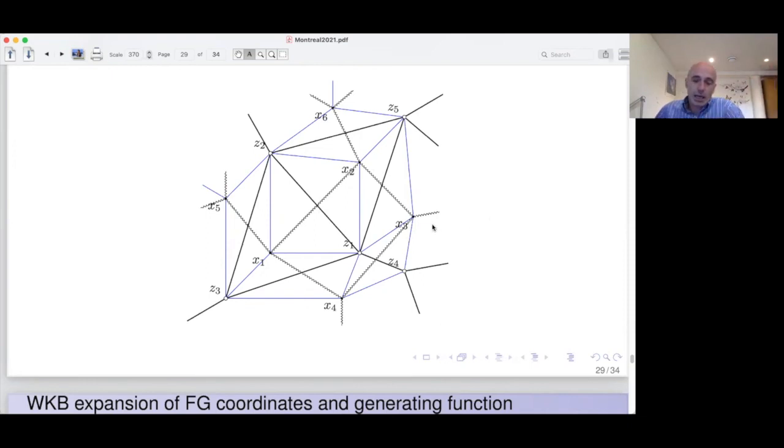Now, you can naturally associate, if you look at the brackets between Fock-Goncharovs, then if you associate a Fock-Goncharov coordinate to this edge and to this edge, then the bracket is exactly, up to 1 over 4, the intersection index of this cycle in H minus and this cycle in H minus.